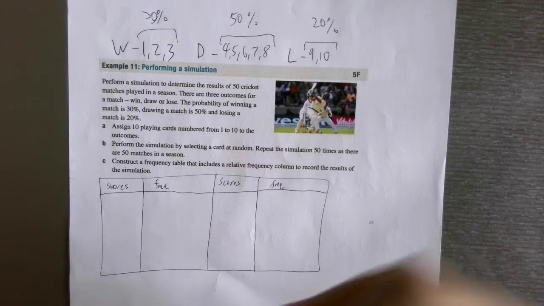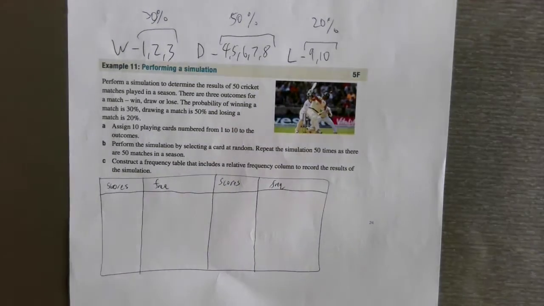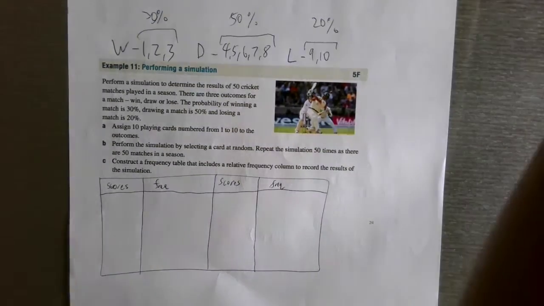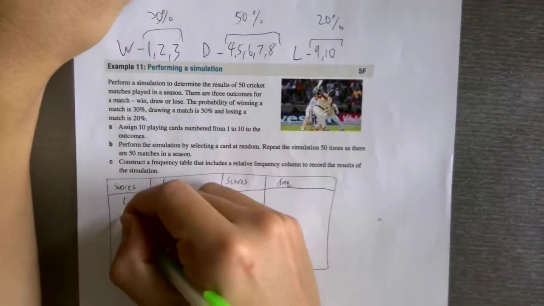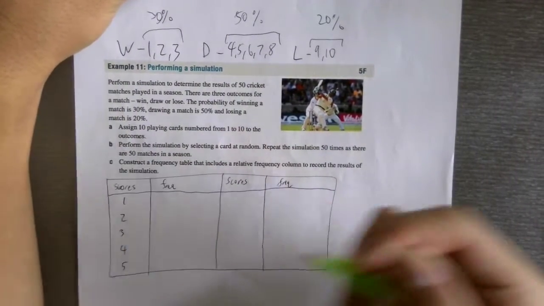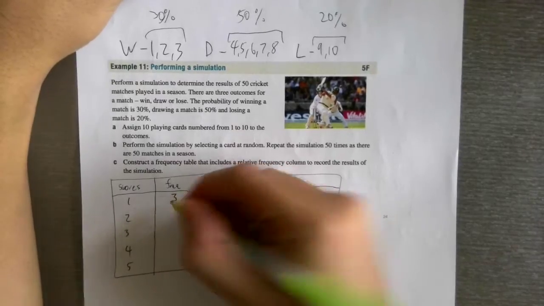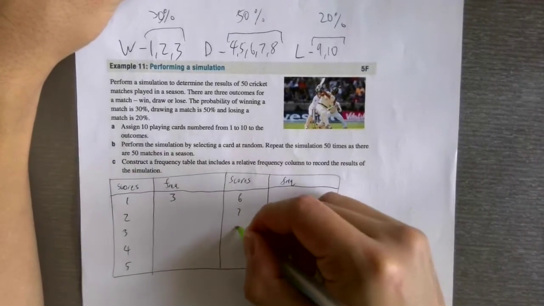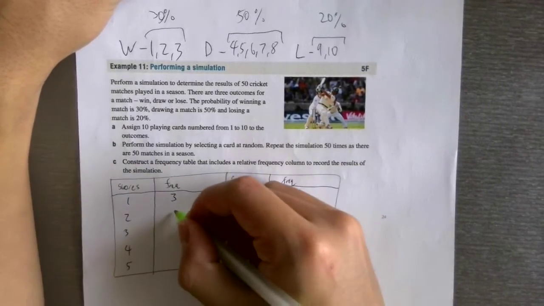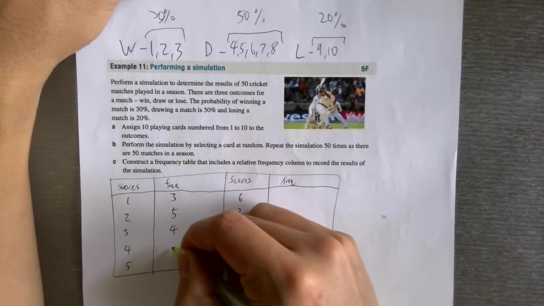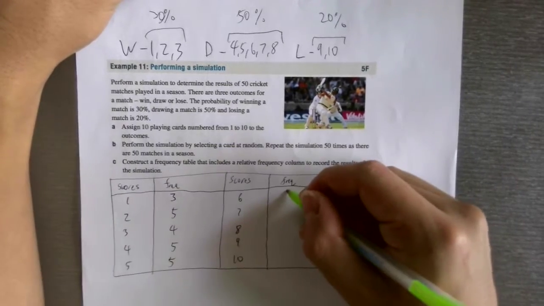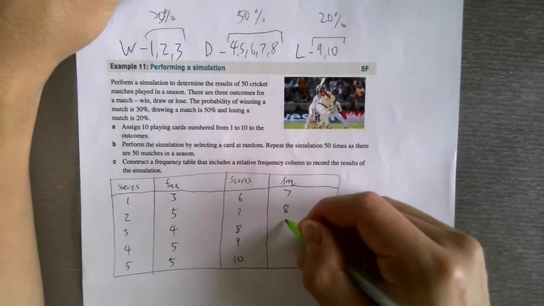So I've shuffled them, and I drew an ace 3 times. And then I drew a 2 5 times. And the rest of the data is like so.